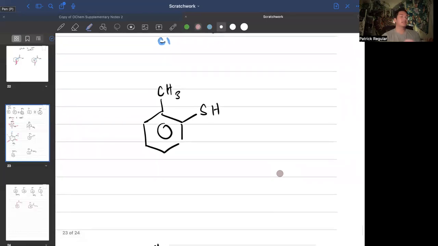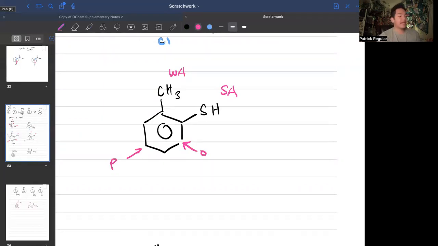Now let's look over here. SH and CH3. Let's identify. We have a strong activator and a weak activator. I'm thinking, how is SH a strong activator? Well, sulfur follows the same rules as oxygen. So treat it as if it were oxygen. So if OH is a strong activator, SH must also be a strong activator. So this strong activator right here would want ortho para.